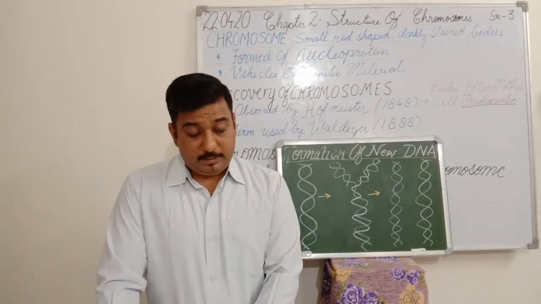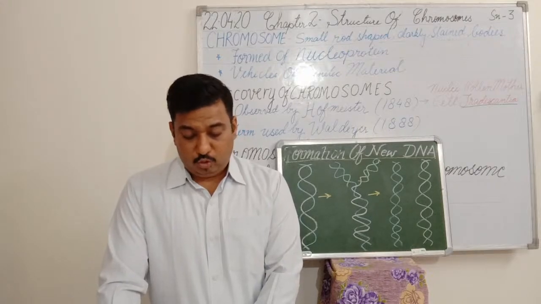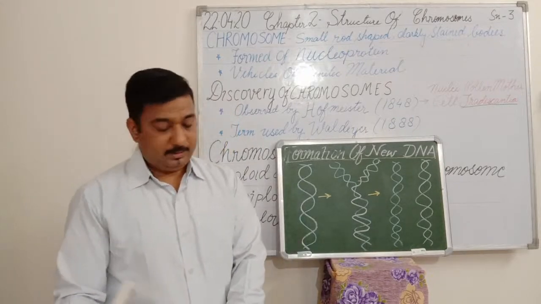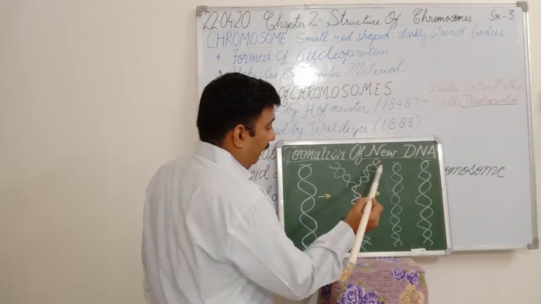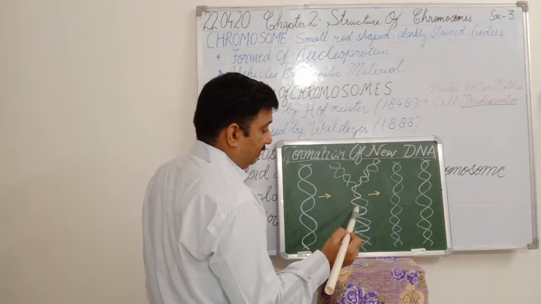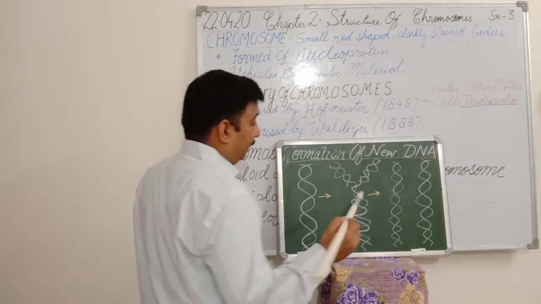This forms two new polynucleotide strands complementary to the two parental strands. If you see, this blue and white are the parental strands, and new nucleotides are attaching and forming the daughter strand.